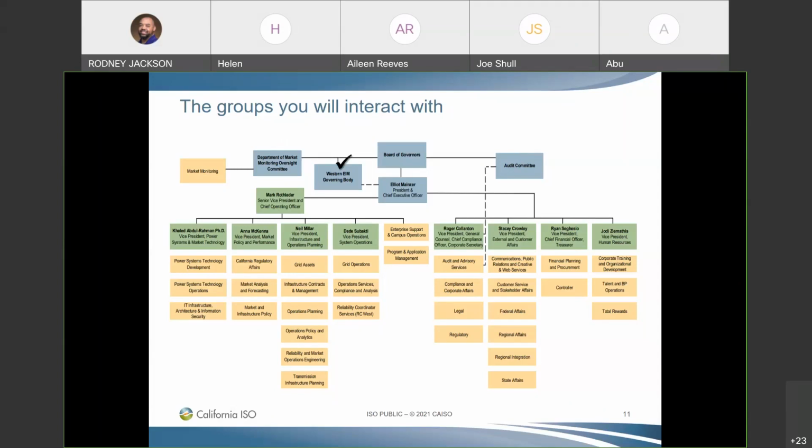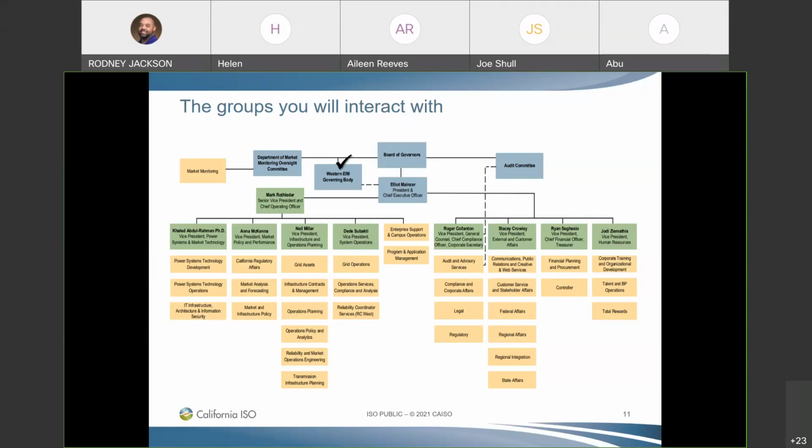Now, the Western EIM Governing Body is ancillary to the Board of Governors and exercises delegated authority from the Board of Governors over the Western Energy Imbalance Market rules. Though not pictured here, it is important to note 2 other groups we're close with, and that's the Body of State Regulators and the Regional Issues Forum.